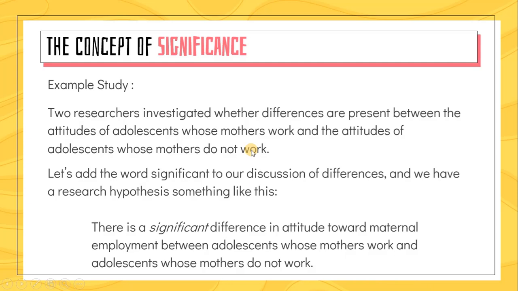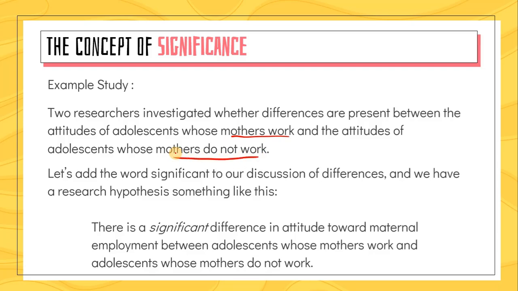So the concept of significance. Here's an example study. Two researchers investigated whether differences are present between the attitudes of adolescents whose mothers work and the attitudes of adolescents whose mothers do not work.